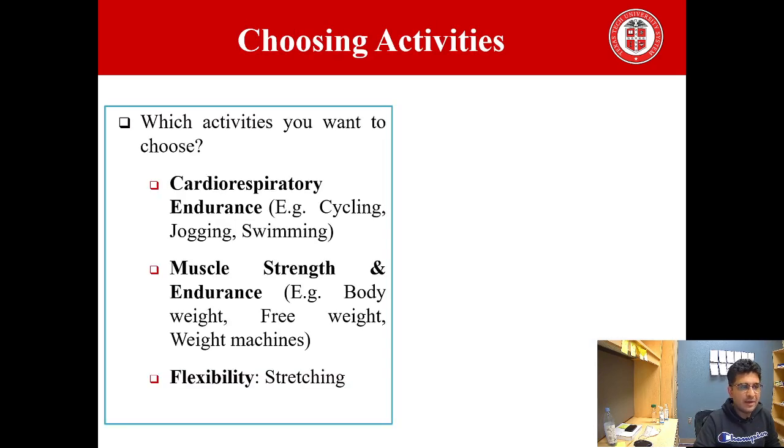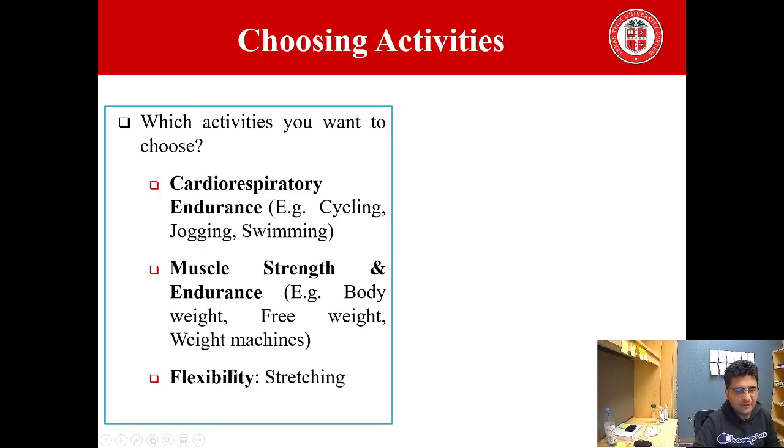Now we have to choose the activities for our specific clients after making sure that these four basic principles of a program are met. As far as cardiorespiratory endurance is concerned, we can go for cycling, jogging or swimming. If you are looking for strength training, these are some of the options.